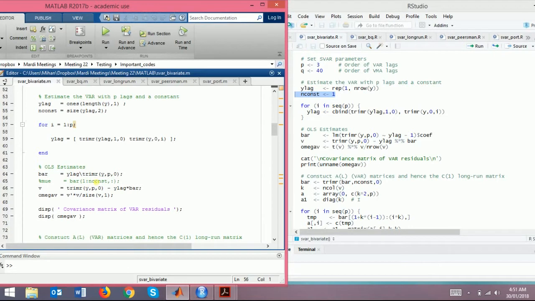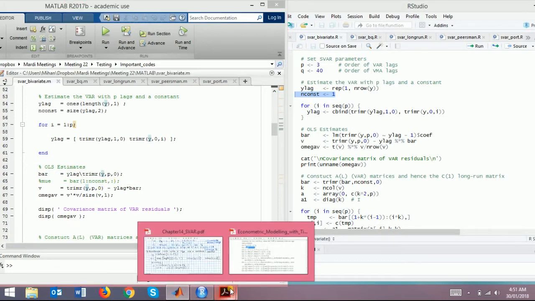So our estimate is ylag regressed on trimmer y p0. So basically x is ylag and trimmer y p0 is our y, right? So that adjusts with this. So yp0 and this was y0p, so the whole thing is adjusted, right?